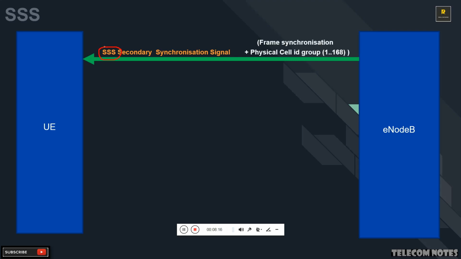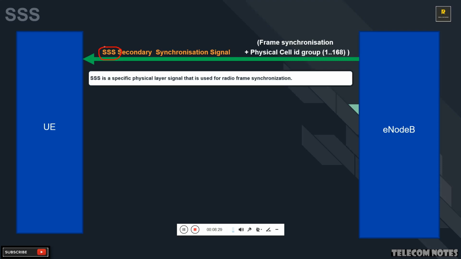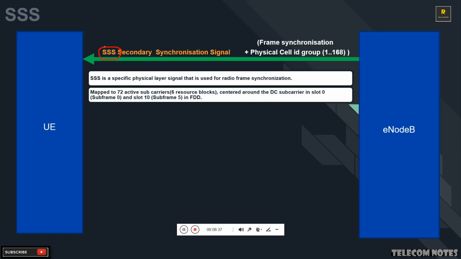So SSS is basically used for frame synchronization and to get the physical cell ID group, that is from 1 to 168. So SSS is a specific physical layer signal that is used for radio frame synchronization, mapped to 72 active subcarriers, 6 resource blocks, centered around the DC subcarrier in slot 0, subframe 0 and slot 10, subframe 5 in FDD.